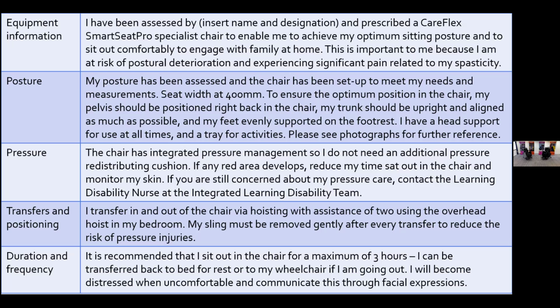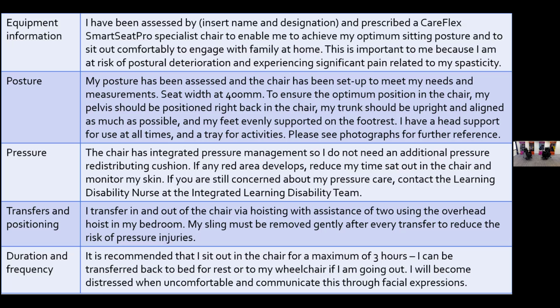So again, keeping that person centred so that anyone who picks up that care plan fully understands why that chair is important to Callum. This is important to me because I am at risk of postural deterioration and experience significant pain related to my spasticity. My posture has been assessed and the chair has been set up to meet my needs and measurements.